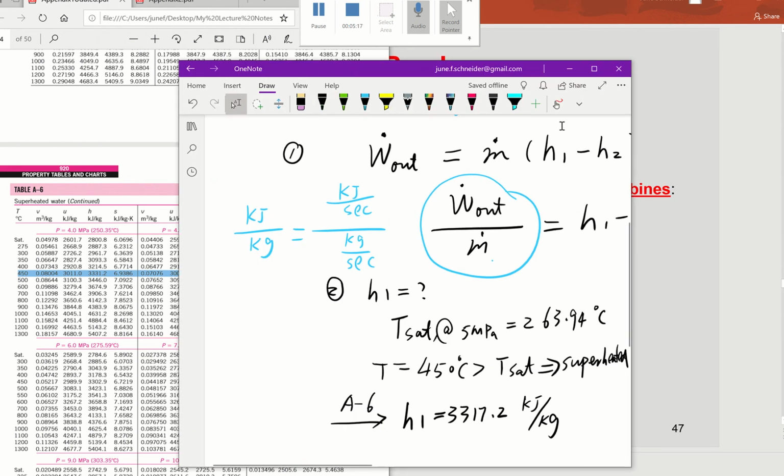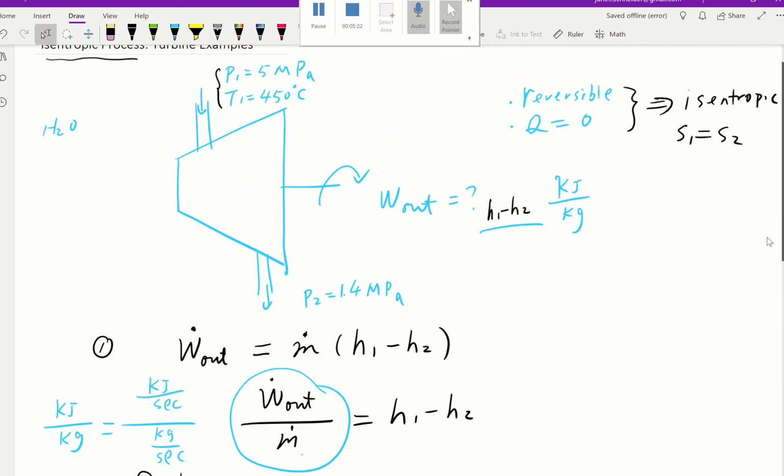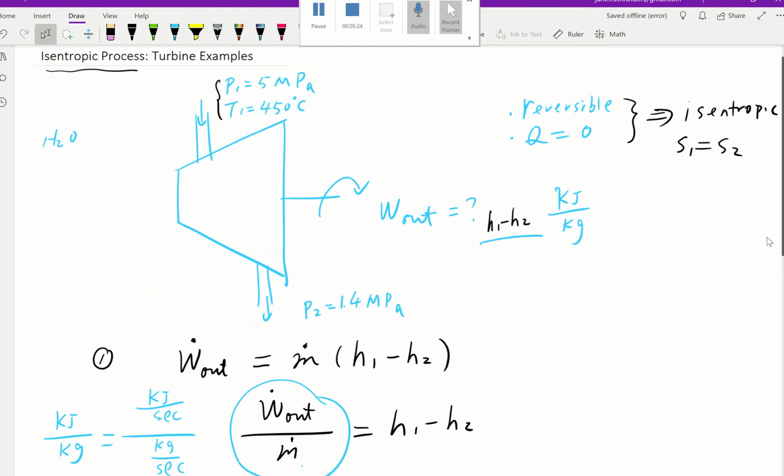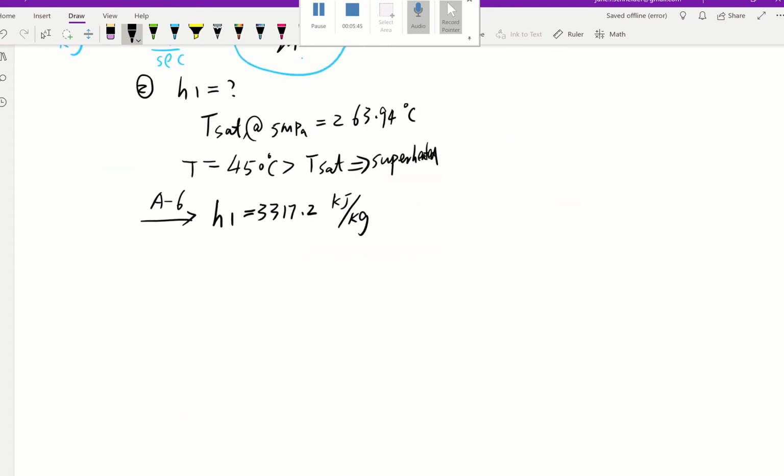Now let's think about this problem. We also need to find H2. However, do we have two properties to find H2? We know one, the pressure is 1.4, so we need to find the second property. Where is that coming from? Right here, and that's a critical piece we cannot ignore. Because it's isentropic, S2 equals S1.